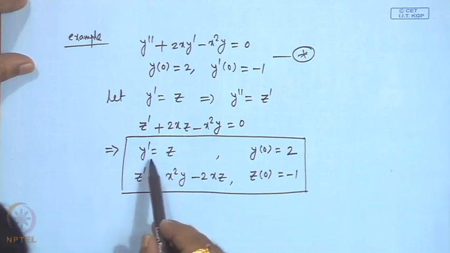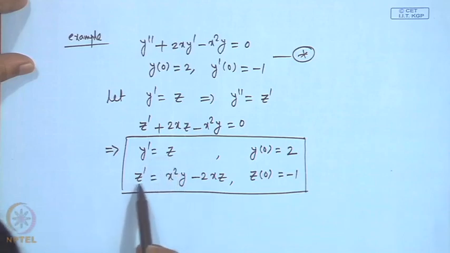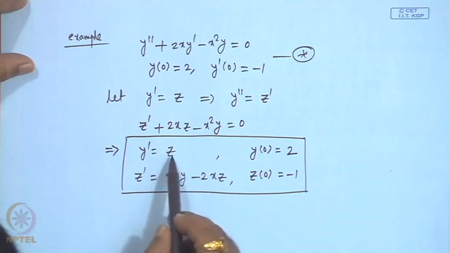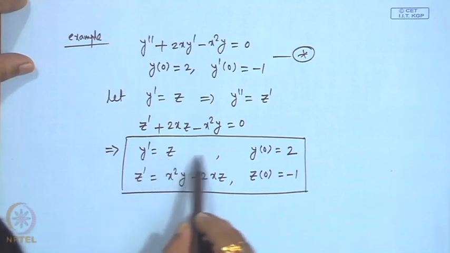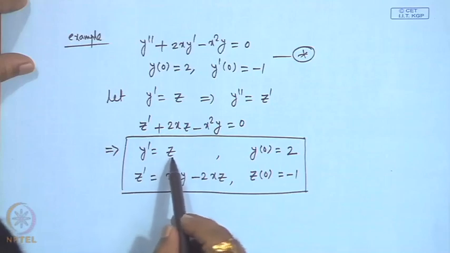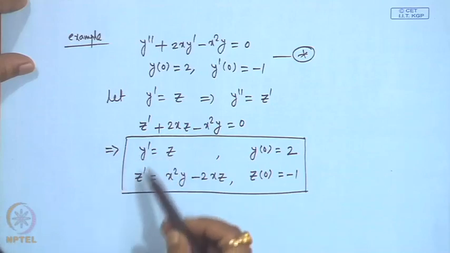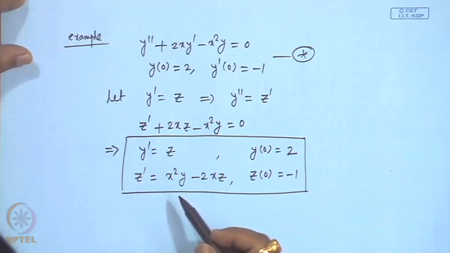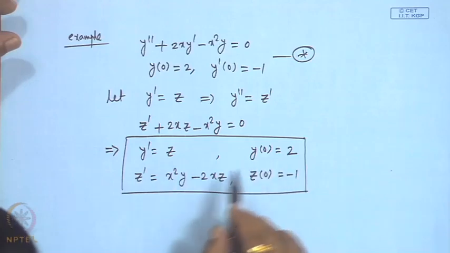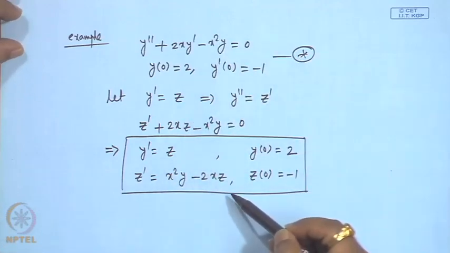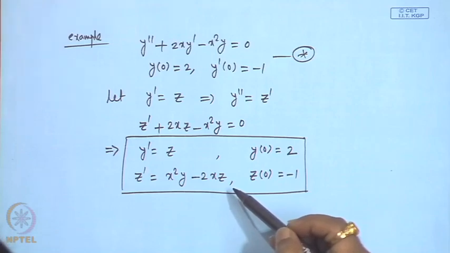And where is the coupling? You can see y dash is z, and z dash involves y. So, one cannot solve one explicitly unless we solve the other, and vice versa. Given a system, independently one can solve it, or given a second order equation, by reducing it to a coupled first order system one can solve it.